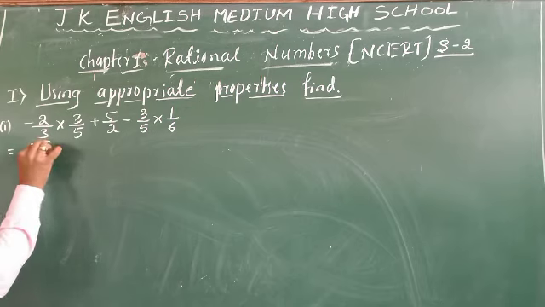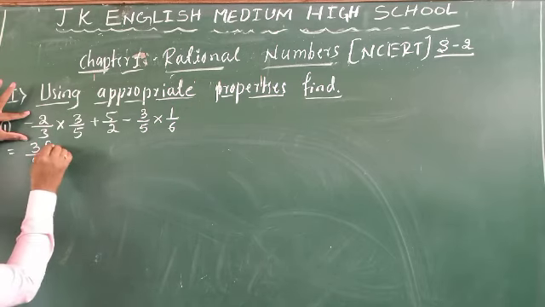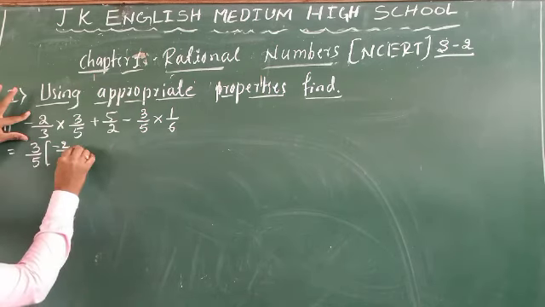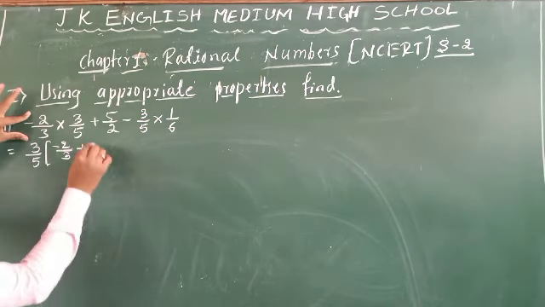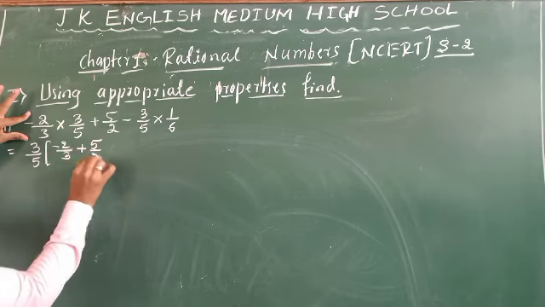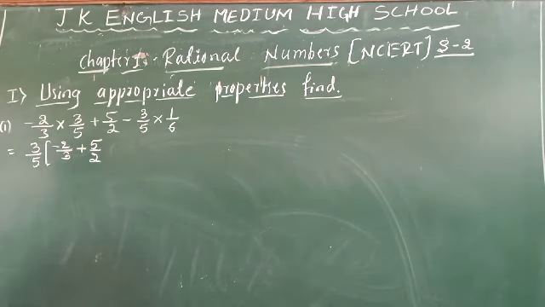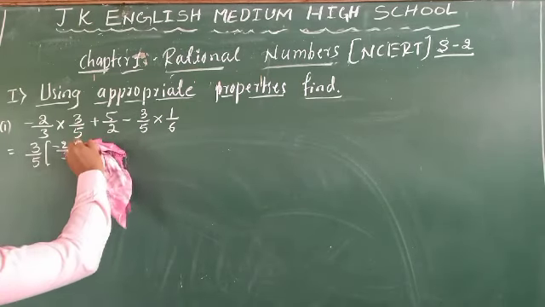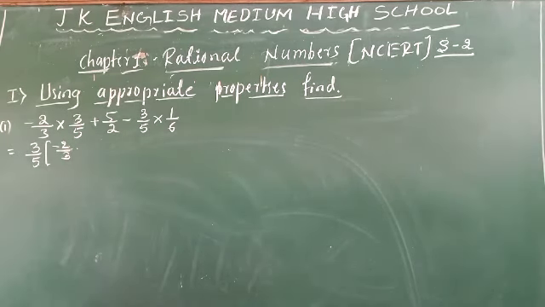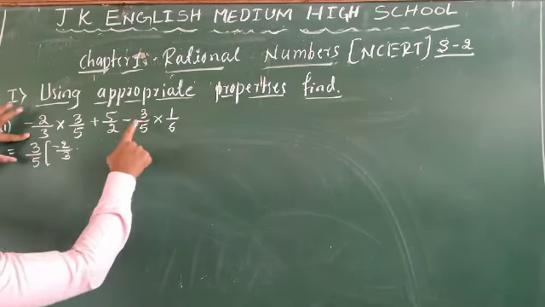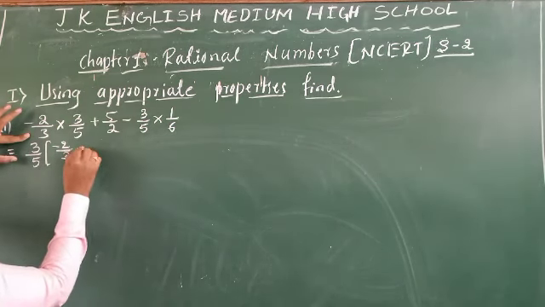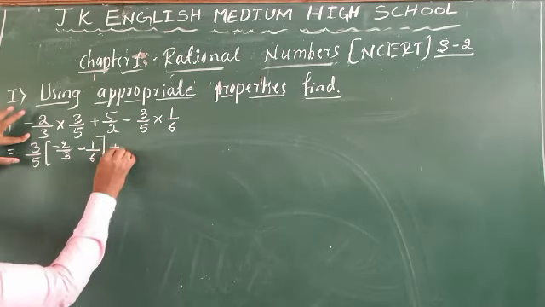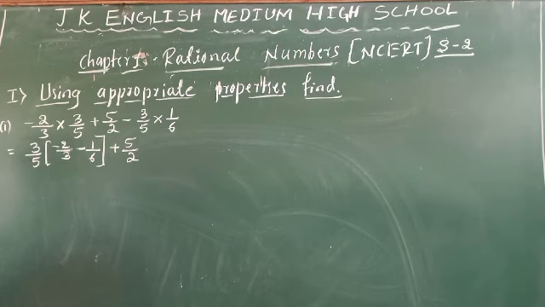Then we write minus 2 by 3, and 3 by 5 is common, so what should we write here? Minus 1 upon 6. Plus 5 by 2 is remaining.